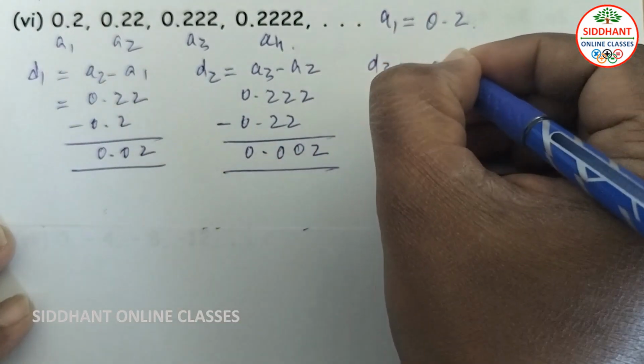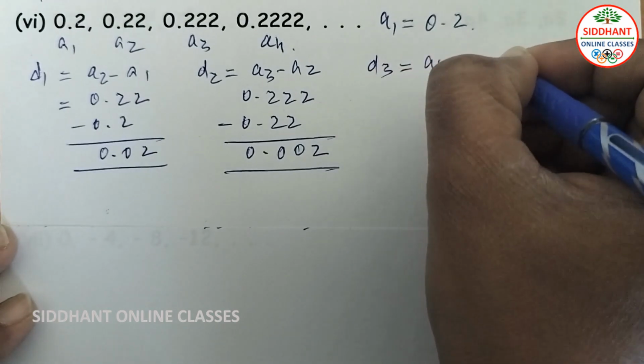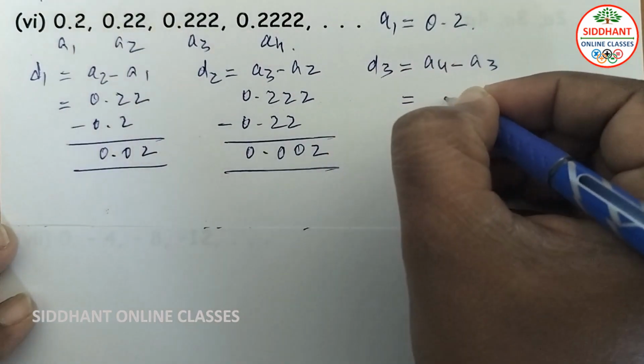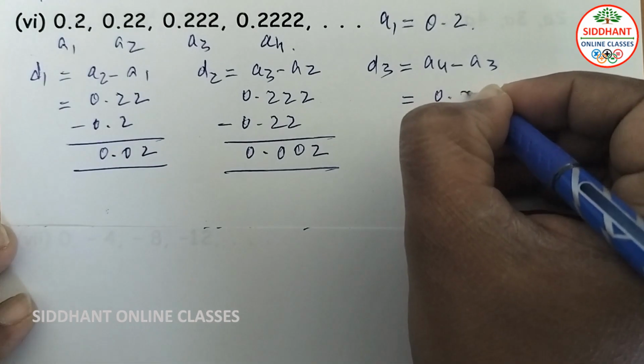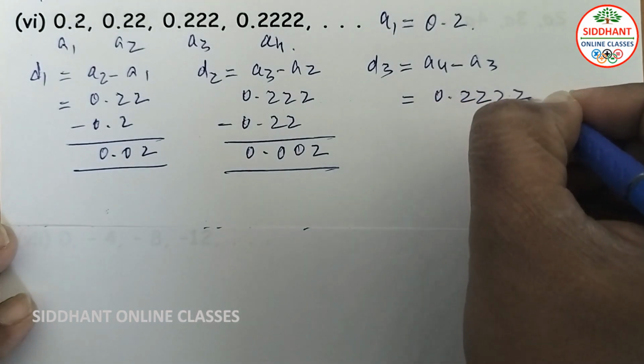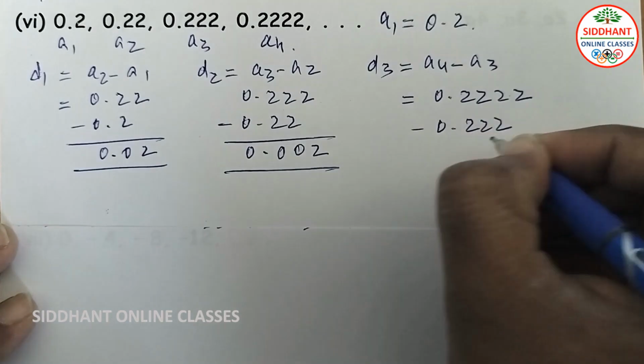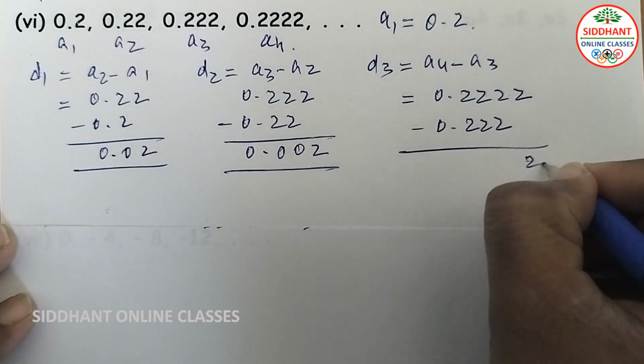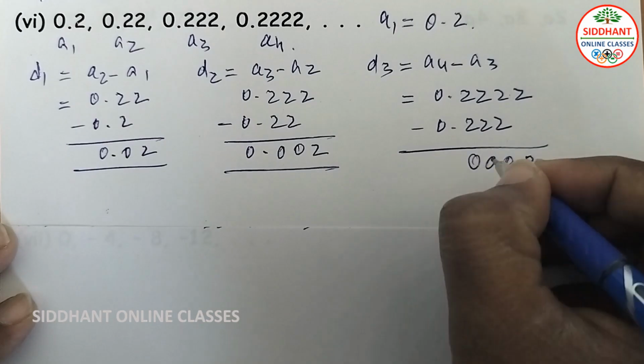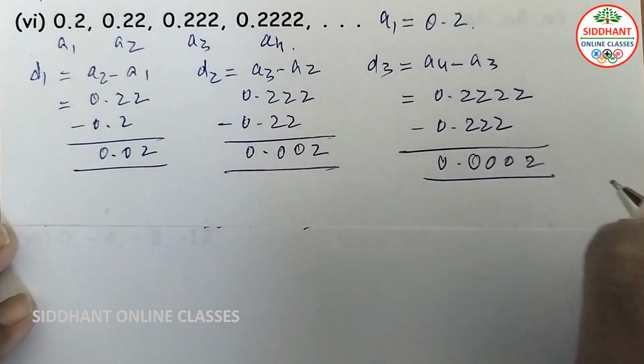Next d3 equals a4 minus a3. So that equals a4 is 0.2222 minus 0.222. That equals 0.0002.